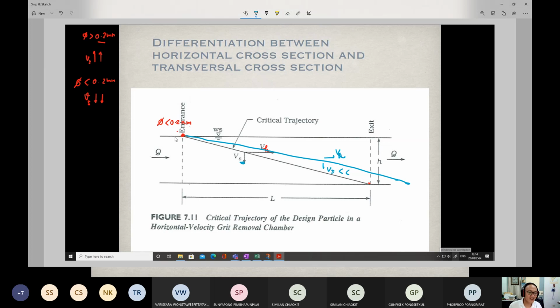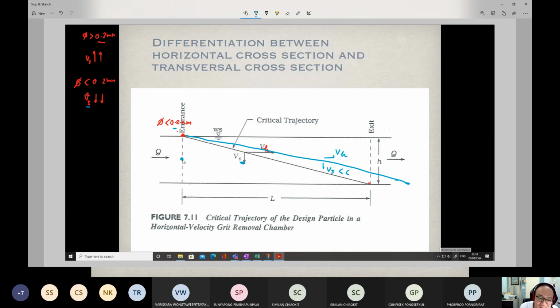On the other hand, if you consider other positions where these particles enter the grit chamber, the same particles have a smaller Vs, but the horizontal velocity remains the same. If they enter the settling zone at this position, what will happen?